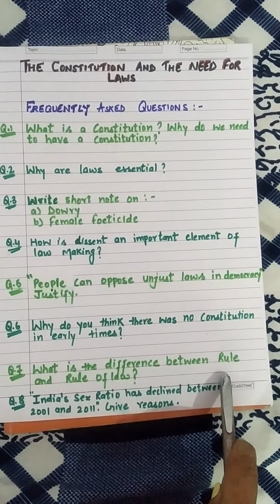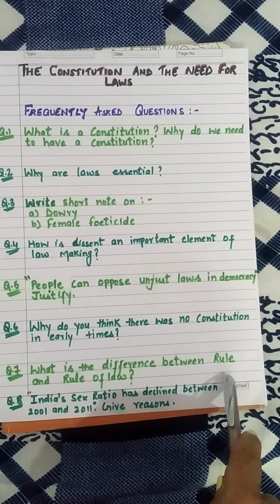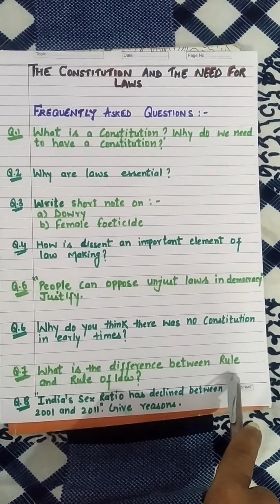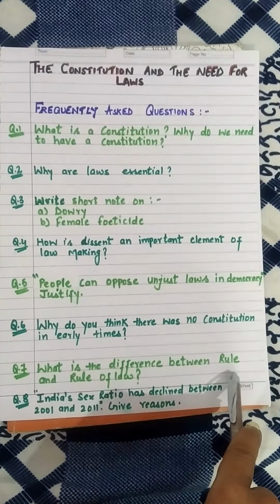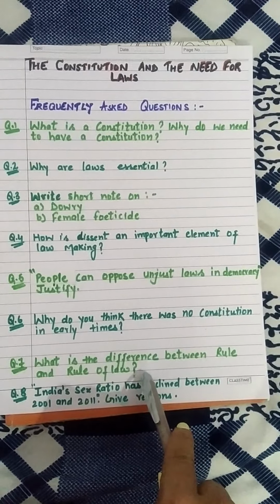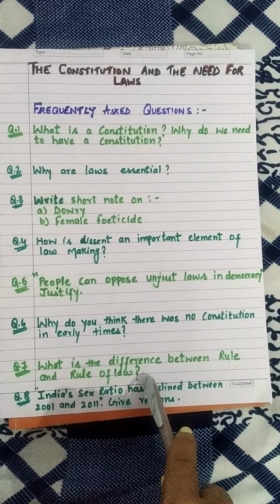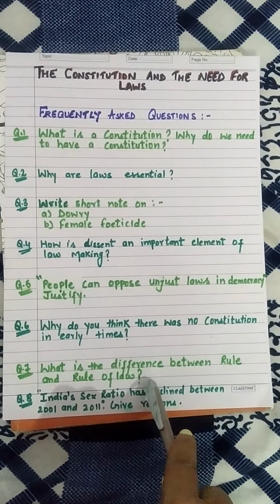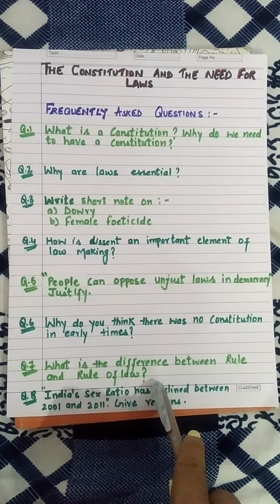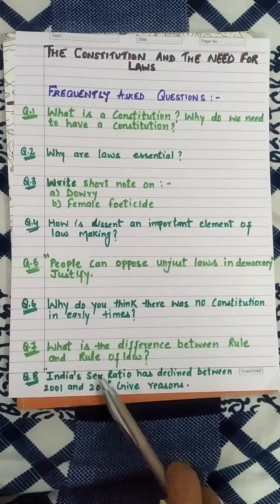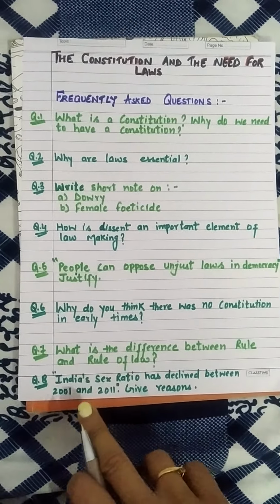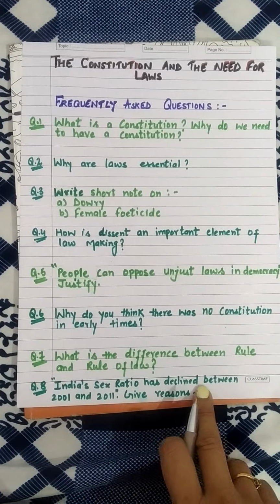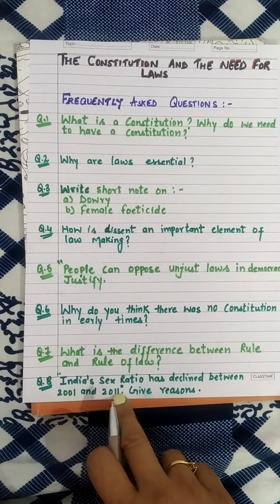You will only write here that rules are a set of rules governing conduct within a particular area of activity, and under rule of law what are you going to write? It implies that no one is above the law. Everyone is equal before the law. Clear, everybody?